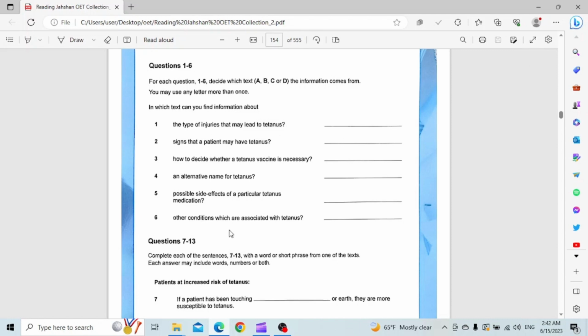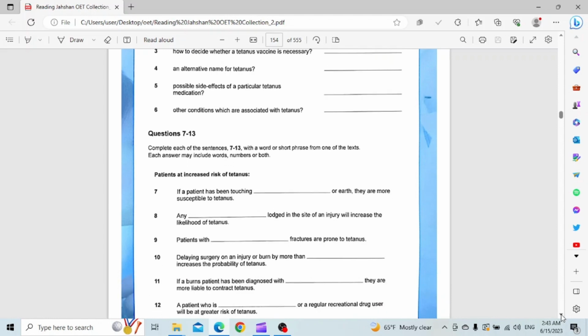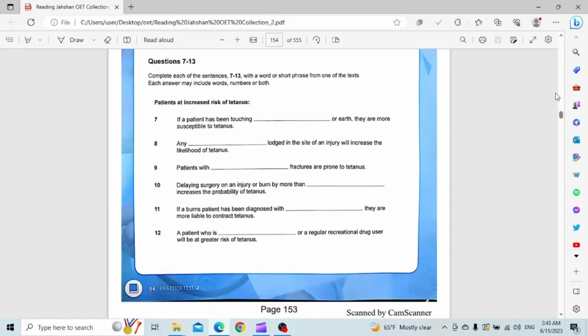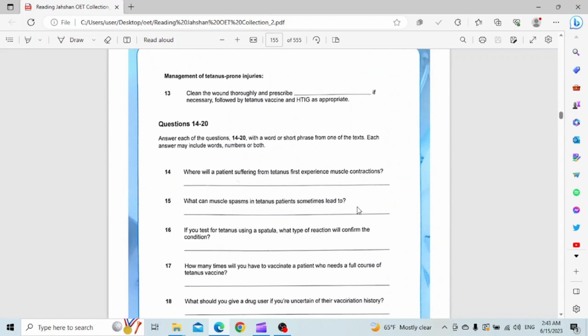The first 6 or 7 ask what the subject of the sentence is and where it can be found in text A, B, C, or D. You just have to put A, B, C, or D. And in the other questions, from 8 to 20, you will have two forms. One is a gap-filling question, and the other is a direct question.